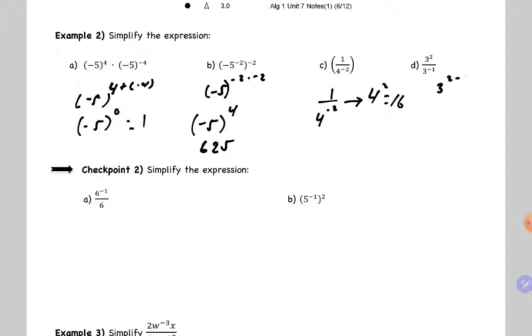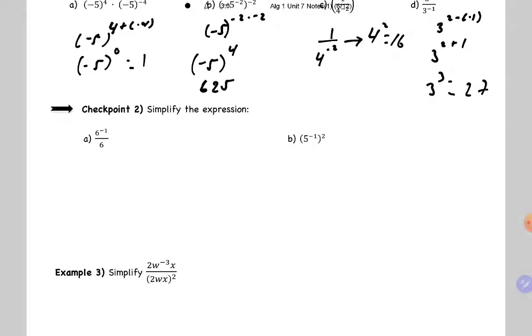That's 3 to the 2 minus negative 1, which is the same thing as 3 to the 2 plus 1, which is 3 cubed, which is 27. Alright, 6 to the negative 1 minus another 1 is 6 to the negative 2, which is the same thing as 1 over 6 squared, which is 1 over 36.